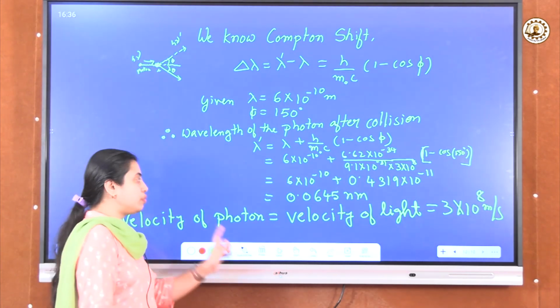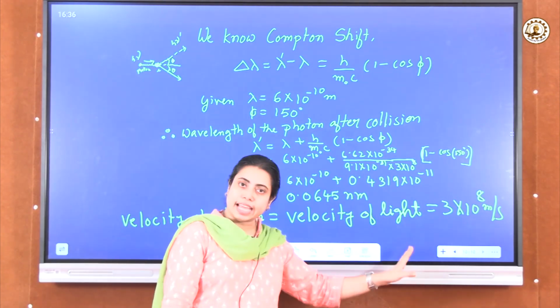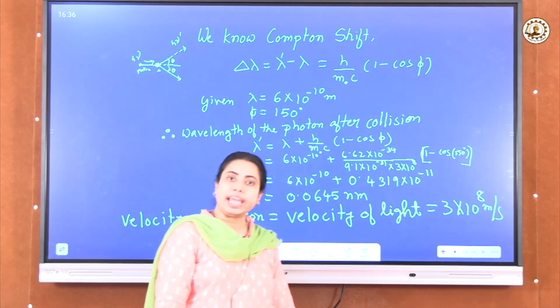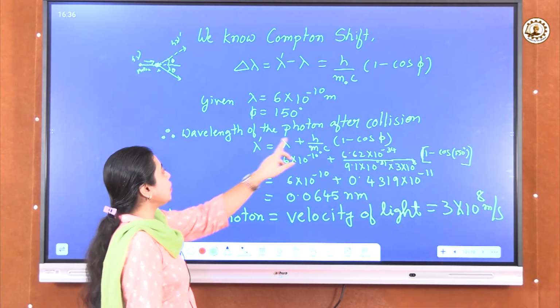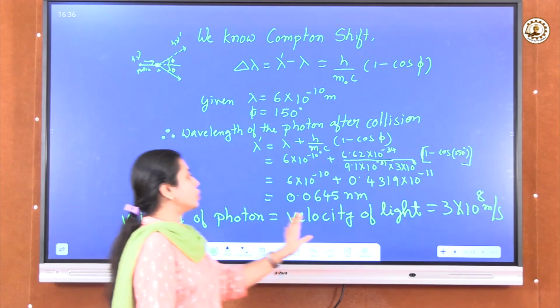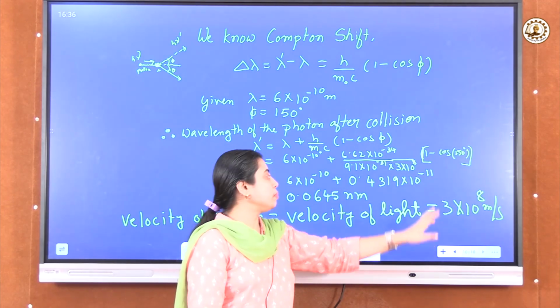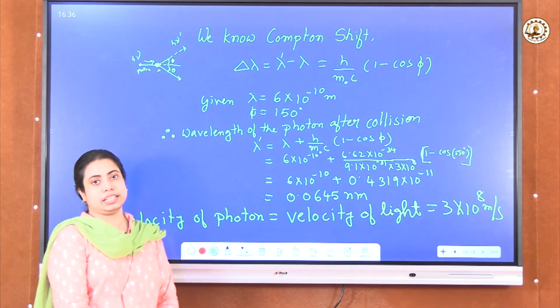The velocity of the photon is equal to the velocity of light, that is 3 into 10 to the power 8 meter per second. So this is the wavelength of the photon after collision, and the velocity of the photon after collision, as before collision, always remains the same, 3 into 10 to the power 8 meter per second.